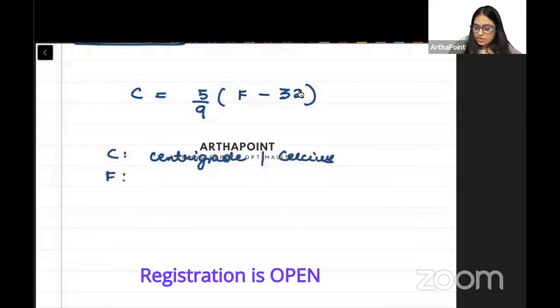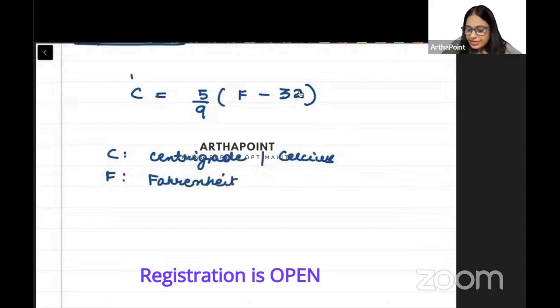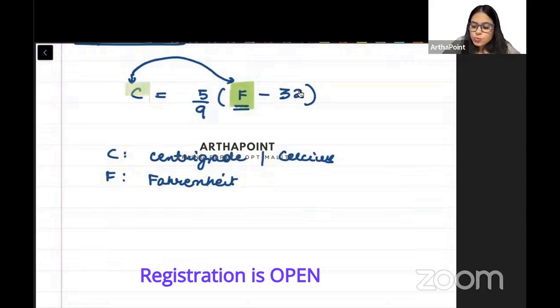F क्या है? टेम्परेचर इन फ़ारेनहाइट. तो अब ये क्या आएगा? इट विल बी डिपेंडेंट ऑन व्हाट वैल्यू आई एम पुटिंग हियर. मैं यहाँ पे फ़ारेनहाइट में क्या वैल्यू प्लग कर रही हूँ, उस पर डिपेंड करेगा कि सेल्सियस में क्या वैल्यू आएगा. सो सेल्सियस टेम्परेचर इज अ फंक्शन ऑफ द फ़ारेनहाइट टेम्परेचर, वो फ़ारेनहाइट के टेम्परेचर पे डिपेंडेंट है.